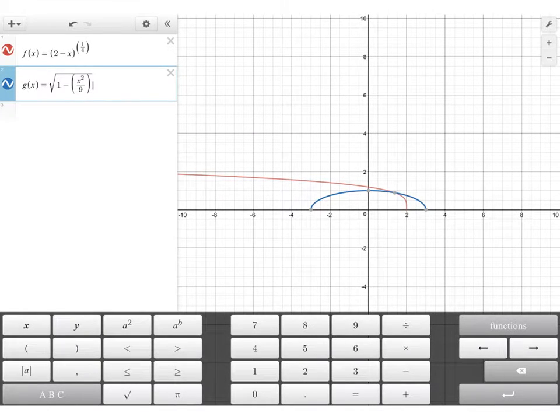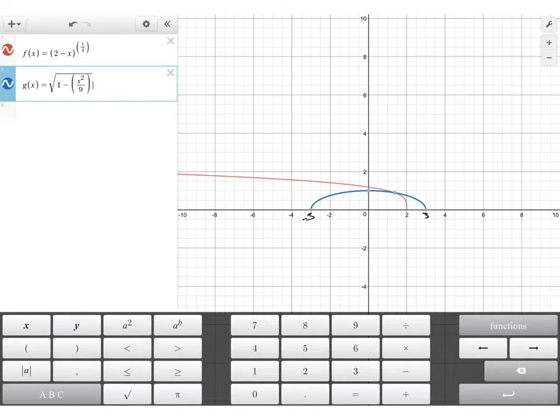Now let's add to that the square root of 1 minus x squared over 9. We see that that graph extends from negative 3 to positive 3 on the x-axis. And that makes sense because when we square the value negative 3 or positive 3, we wind up with 9. And 9 over 9 would be 1.